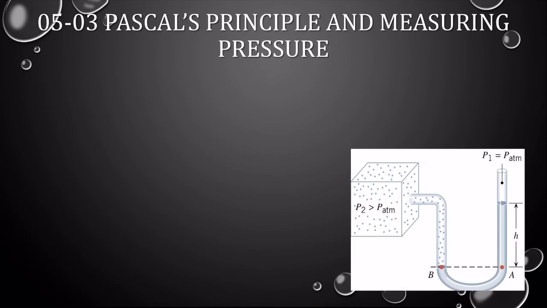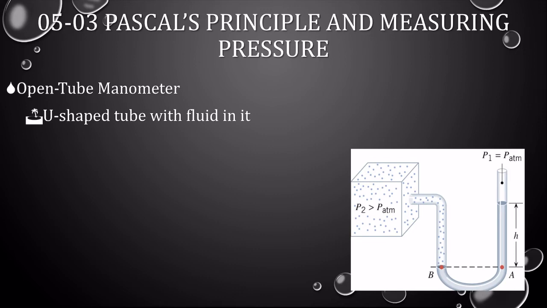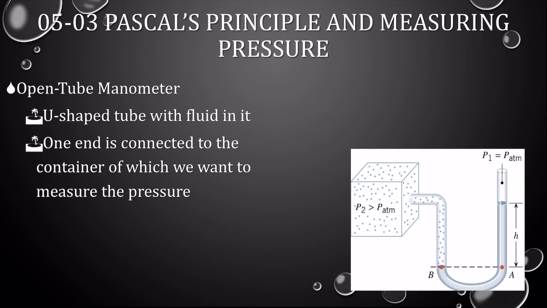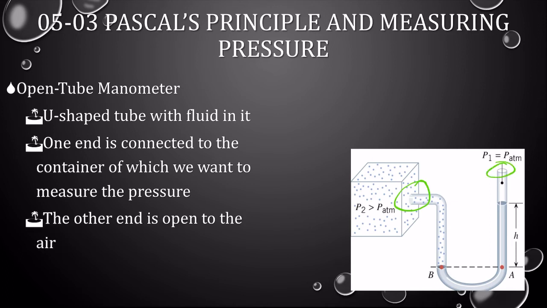One of the tools to measure pressure is an open tube manometer. It is a U-shaped tube with a fluid in it, and it's attached to whatever you want to measure the pressure of. One end's connected to the container of which we want to measure the pressure. That's here. The other end is open to the air right there. And so the place with the higher pressure pushes that fluid down, and you end up with this column of fluid here.